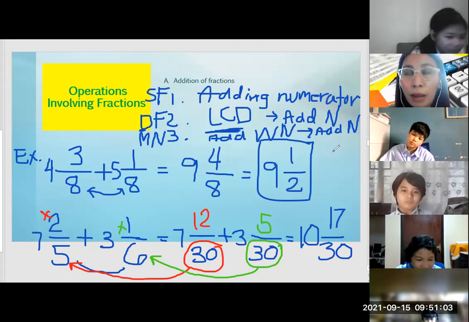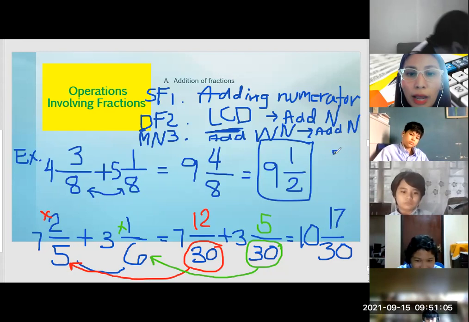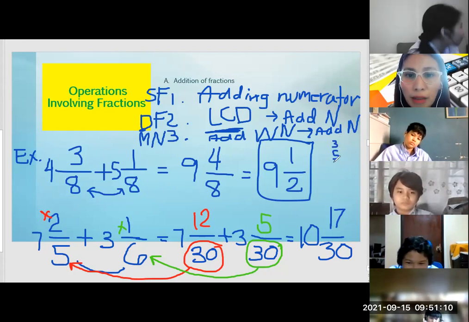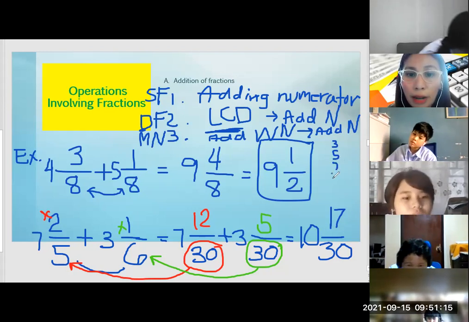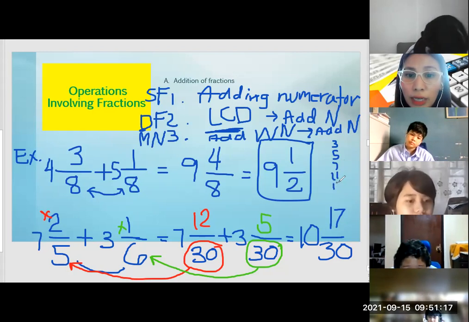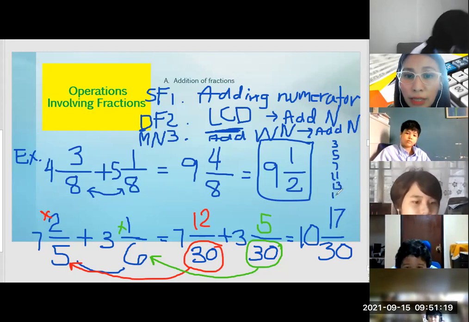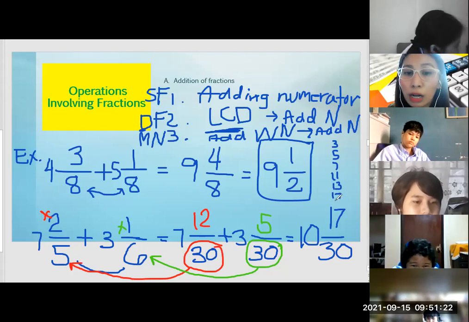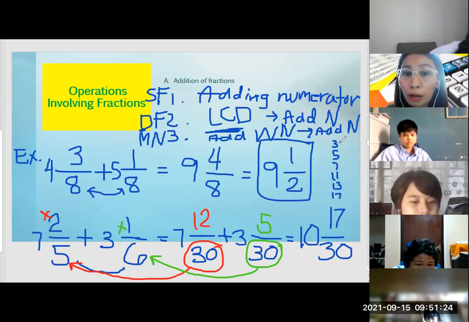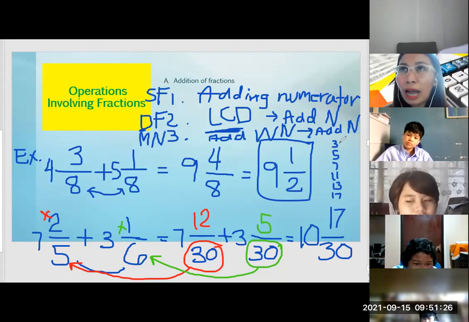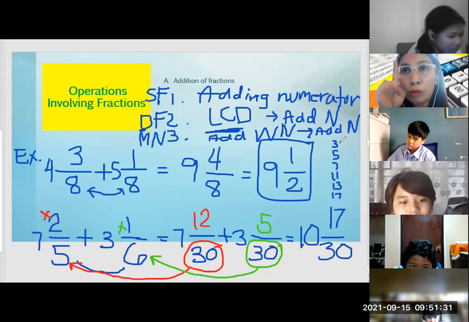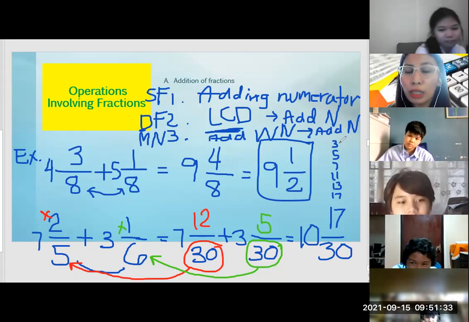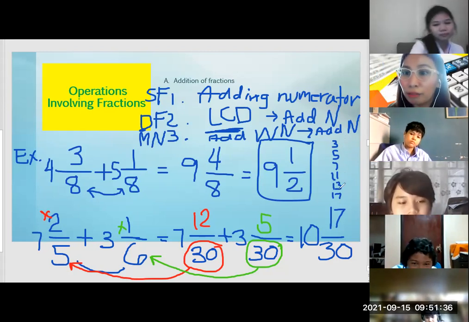Other prime numbers, for example, 5, 3, 7, 11, 13, 17, those are examples of prime numbers. You cannot think of a number that you can multiply or have factors other than the number itself.